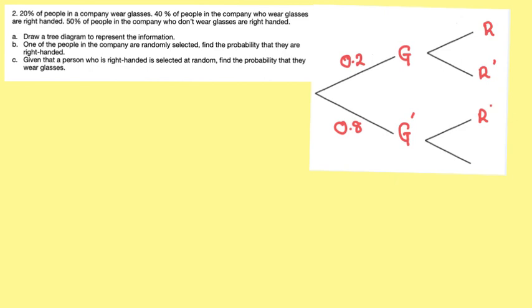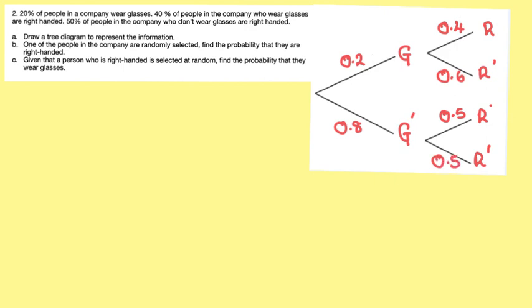If they wear glasses, the probability that they are right-handed is 0.4. The probability that they are not right-handed is 0.6. If they don't wear glasses, the probability that they are right-handed is 0.5. So the probability that they are not right-handed is also 0.5.